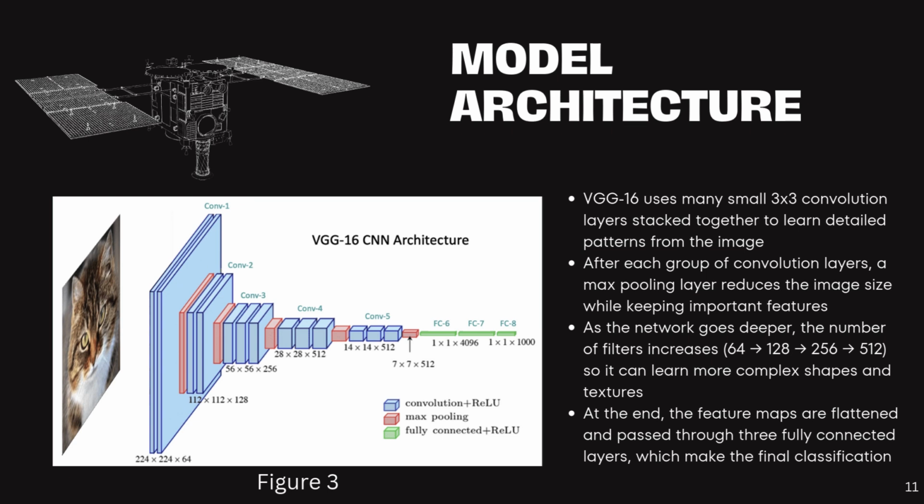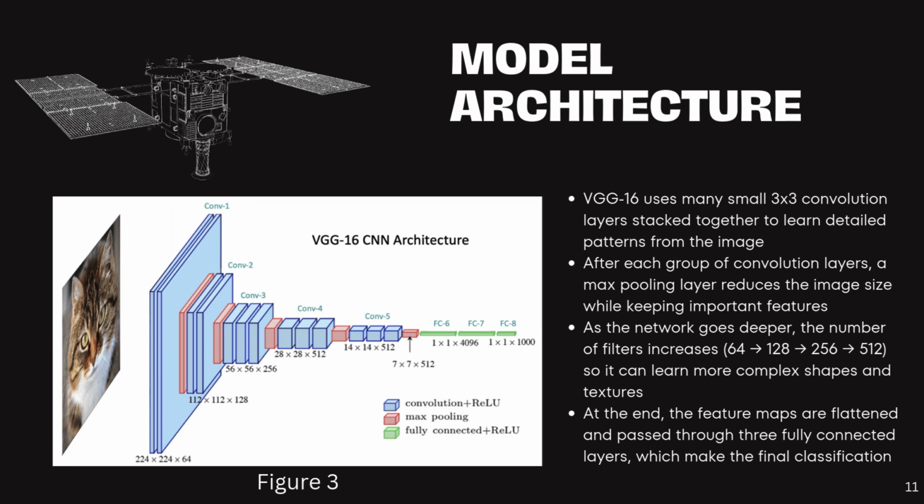The model architecture, as you can see, is an example of the VGG16 convolutional neural network. You can see the image on the left reduces, with multiple convolutions leading to fully connected layers. It uses many small 3x3 convolution layers, and after each group of convolution layers, max pooling resizes the image, making it smaller, like I mentioned.